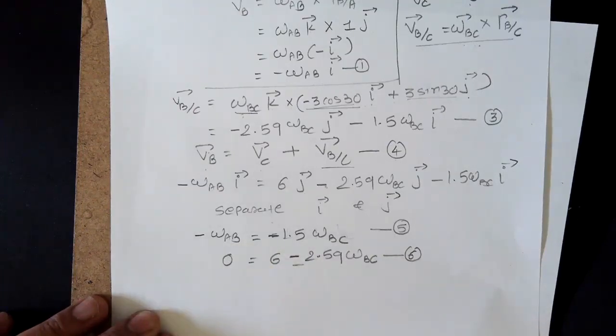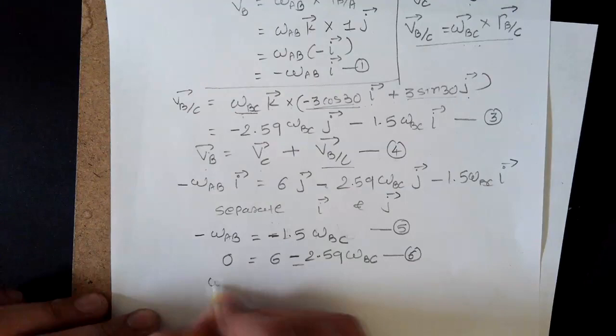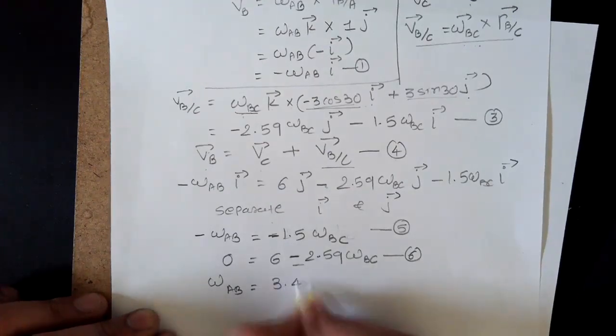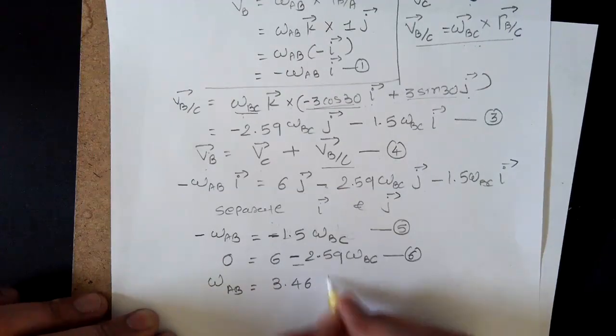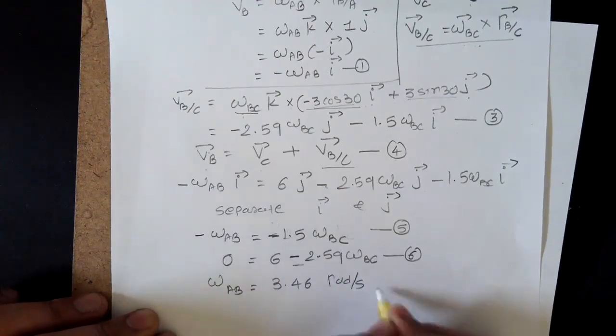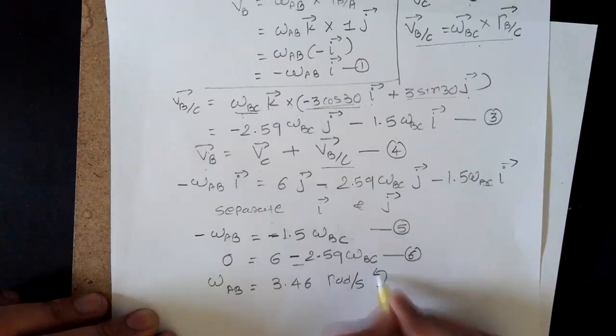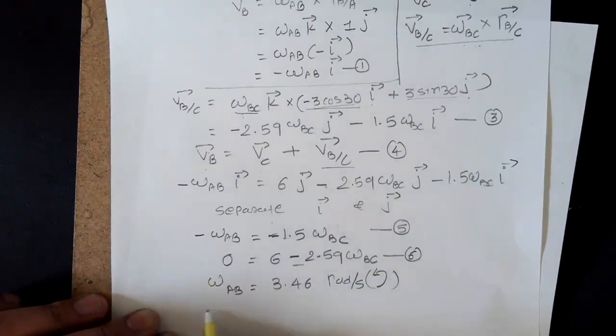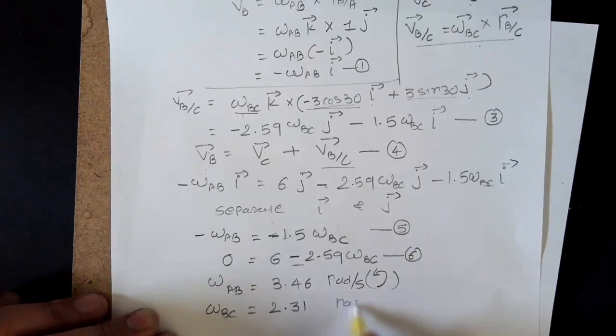And when you do that, you will get the answers: omega AB is 3.46 radians per second counterclockwise, and omega BC is 2.31 radians per second, and this is also counterclockwise.